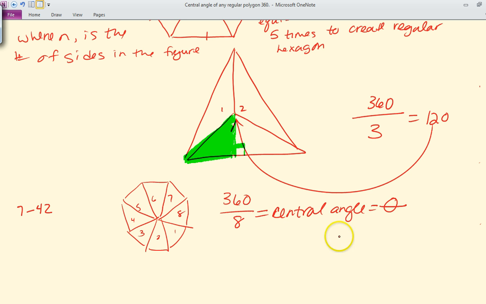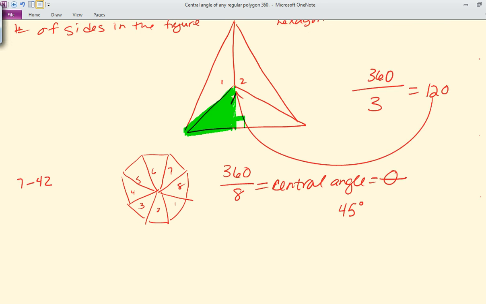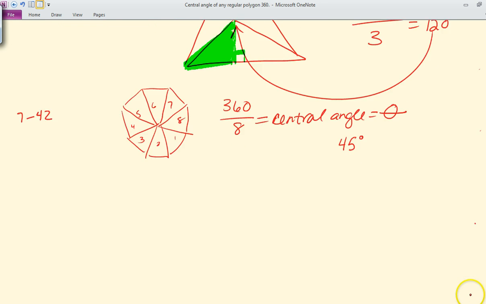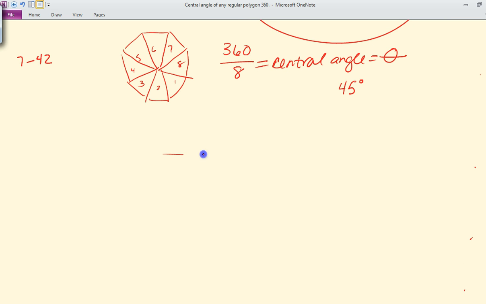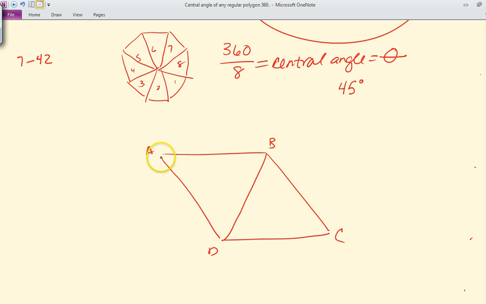The central angle in this case equals 45 degrees. You were also asked to consider quadrilateral ABCD, which is a rhombus. The diagonals were drawn in.